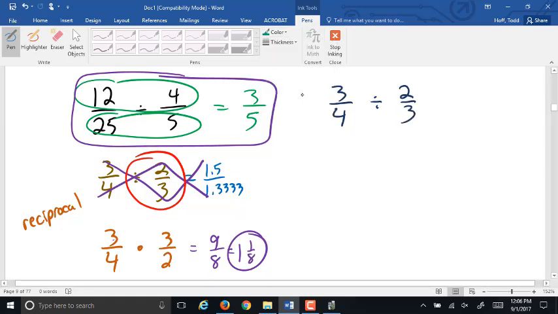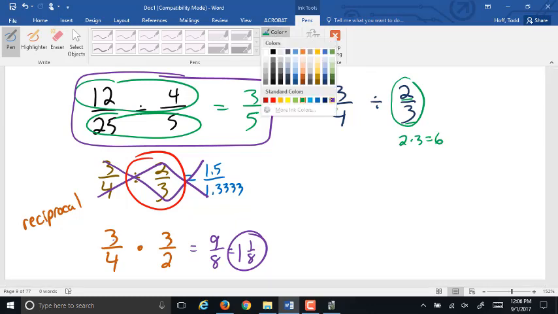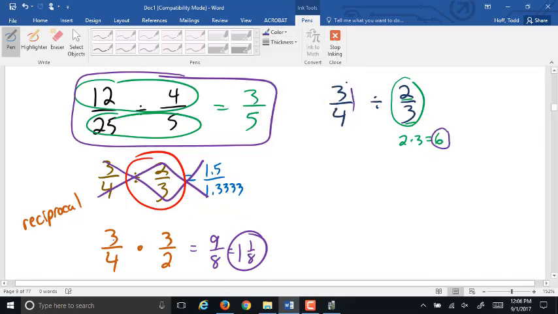At one point, before they started doing that multiplying by the reciprocal, way before my time, the way they would have done this is they'd have looked at it and said, okay, these don't divide out evenly, so we're going to look at the number we're dividing by, the 2/3, and we're going to multiply the numerator and the denominator. So 2 times 3 gives us 6.